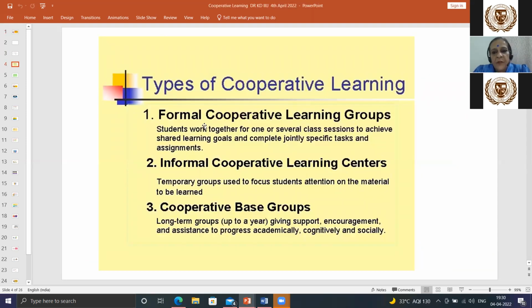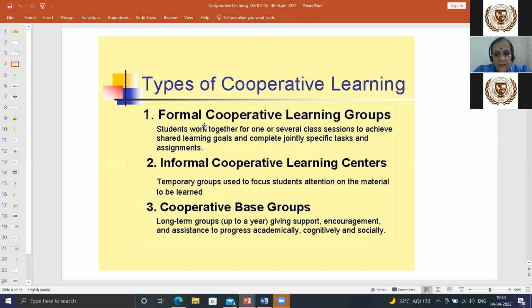Then types of cooperative learning. There are mainly three types of cooperative learning. One is formal cooperative learning groups, where students work together for one or several class sessions to achieve shared learning goals and jointly complete specific tasks and assignments.